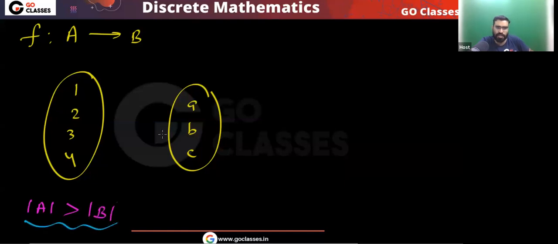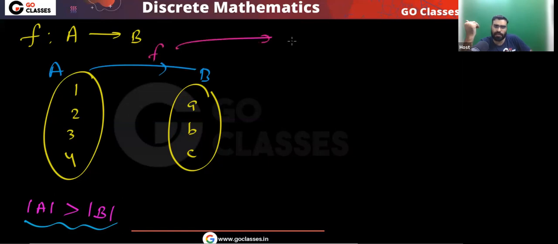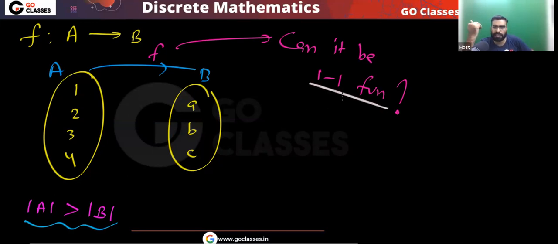In this situation, can you create a one-to-one function from set A to set B? Is it possible? One-one function means different elements map to different elements, that is, no two elements map to the same element.